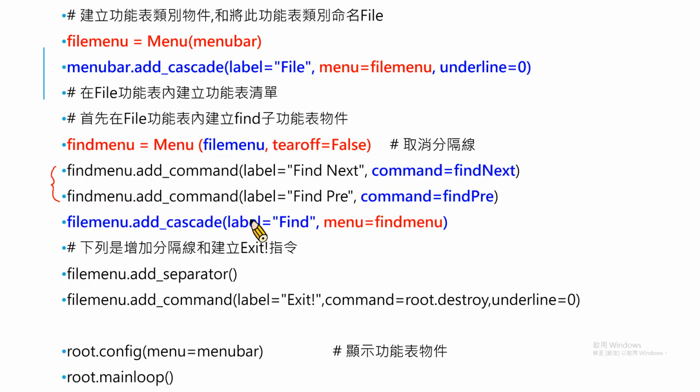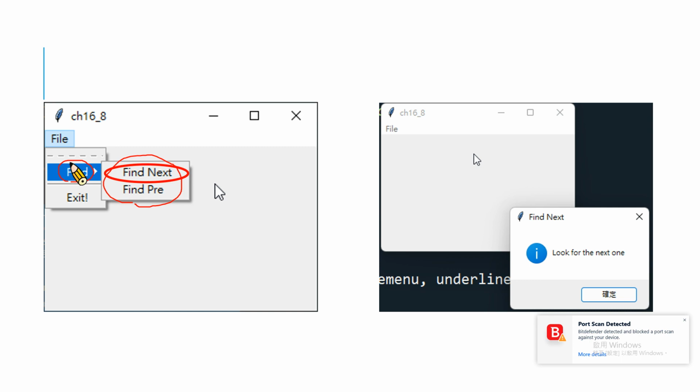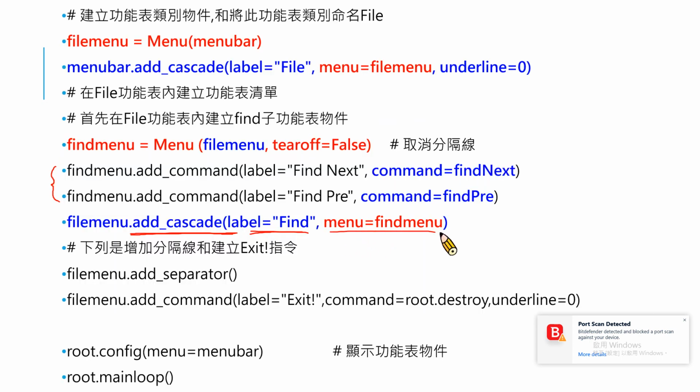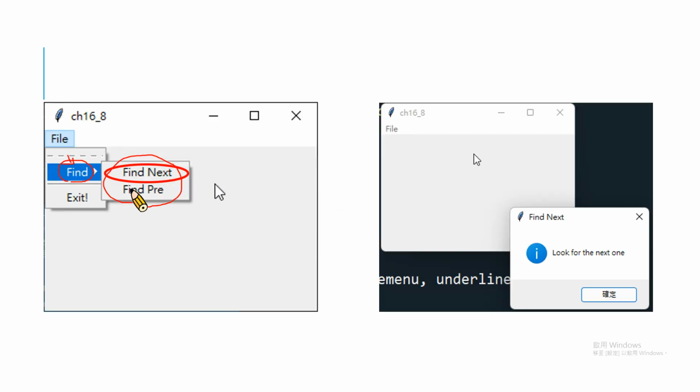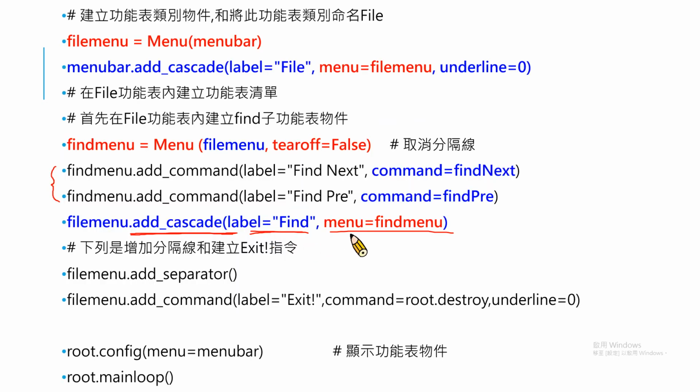So here we use add cascade, and the label is find, and we set the menu to be the find menu. This is the menu that find contains. So we set the menu to be the find menu.